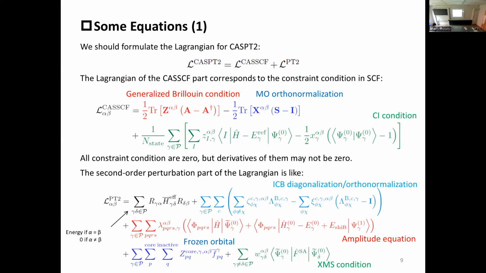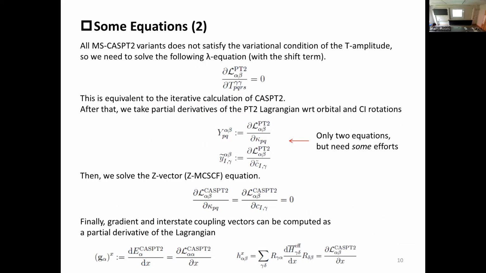So using these Lagrangians, we can develop some other equations, but everything is too complicated to explicitly write, so just an expression. We first have to solve this lambda equation because all RMS-CASPT2 variants are not variationally minimized with respect to T amplitude. So we have to solve this lambda equation.